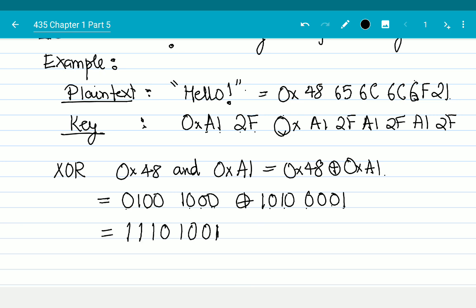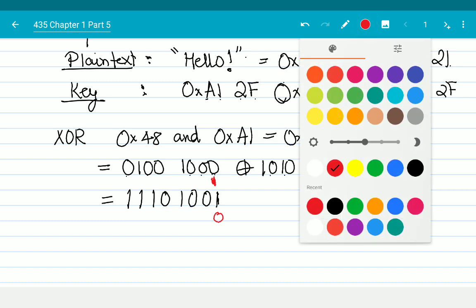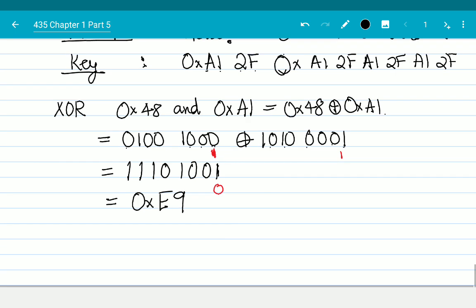If both were 1s, for example 1 1, then this would have become a 0 rather than 1. There is no carry forward. It would have just become 0. But this is the code for 0xE9. And so that is the XOR for the first two.